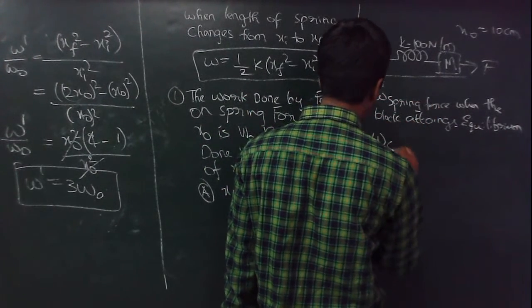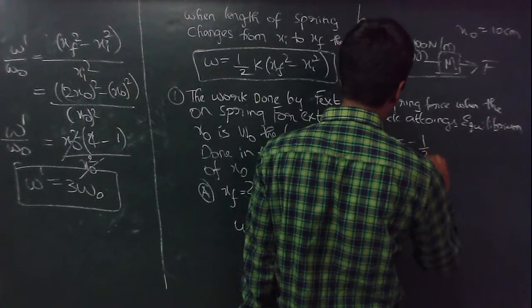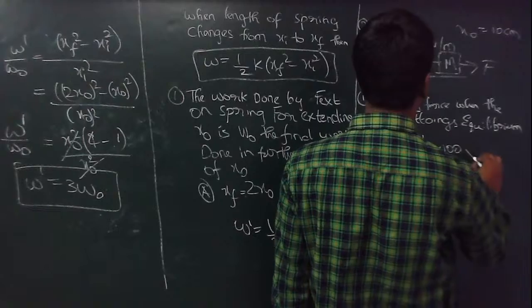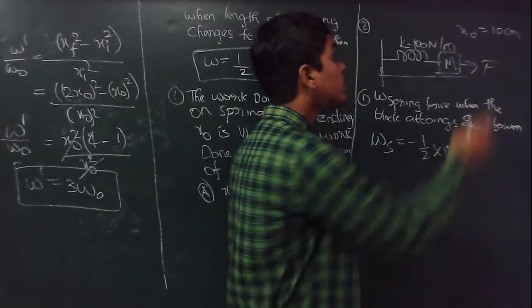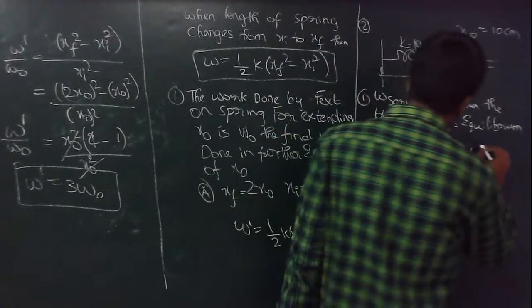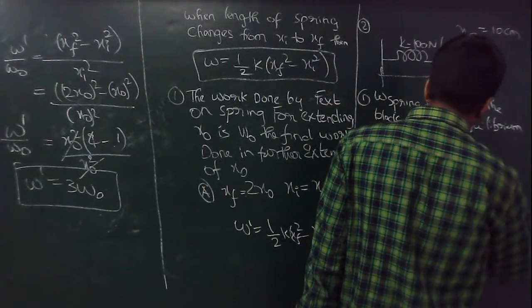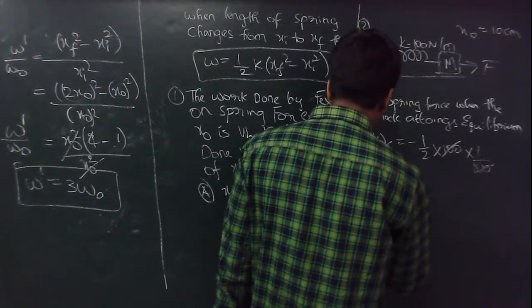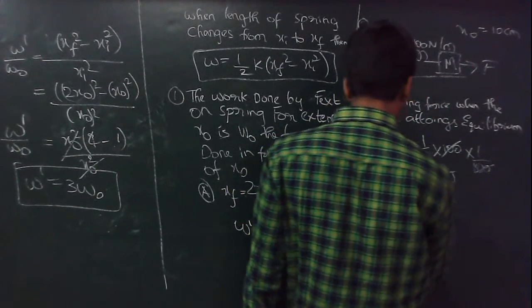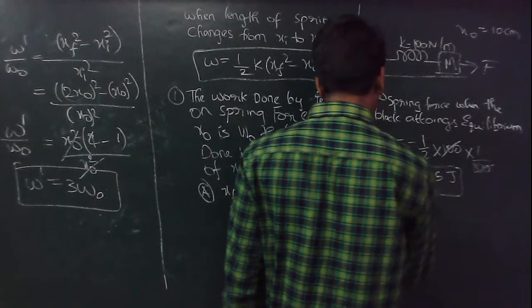W spring is equal to minus of half into K, which is 100, into 0.1 squared if you convert it into meters. So it is 1 by 100. So W spring is equal to minus 0.5 joule. This is the spring force work.